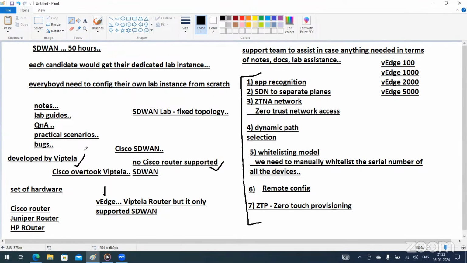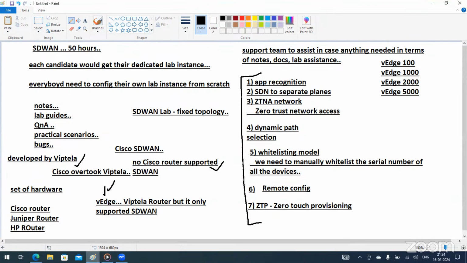But Cisco maintained the support which Viptela was doing for Viptela hardware devices, VHs. Cisco was manufacturing new VHs, selling VHs, and supporting VHs in terms of software, hardware support, RMA, replacements, right?